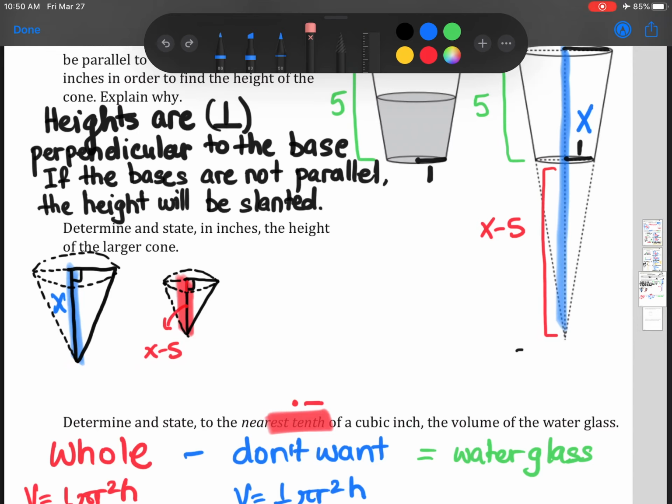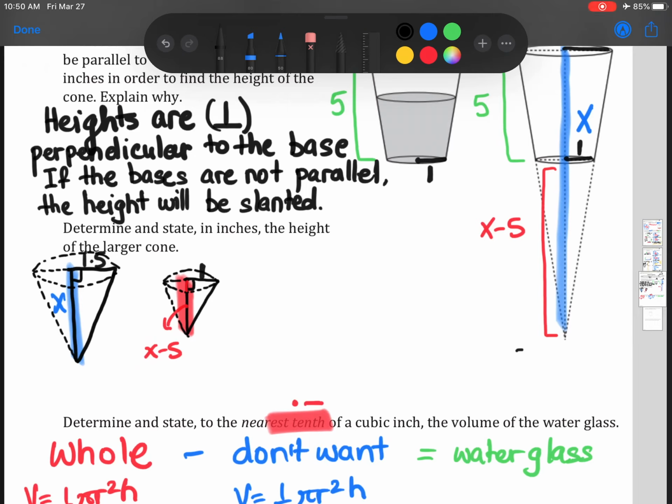If that was 5, would the remaining be x minus 5? And I drew out these 2 cones, the bigger one and this bottom small one in red, and I color coded it so it's easier for you to understand. Right, so let's set up proportions. I know these radii, let's write these down. This was 1.5, right? And this was 1.